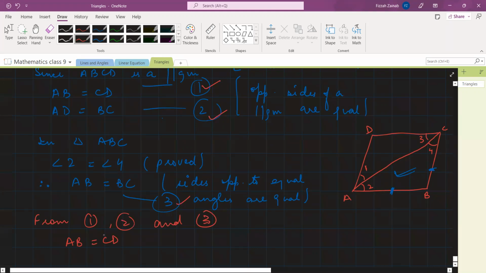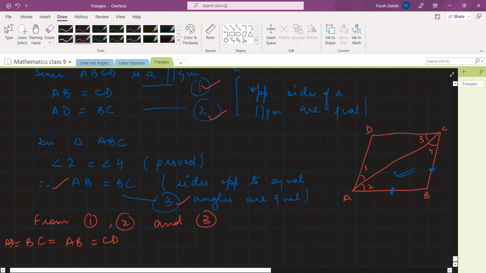Okay, CD is not there. So AB, look for AB. Look at 3. So AB is equal to BC. So that means you can write BC here. Is that okay? Because AB is equal to BC. Now look at second. So BC is equal to AD. So BC is actually equal to AD. So this is how you can combine it, right?